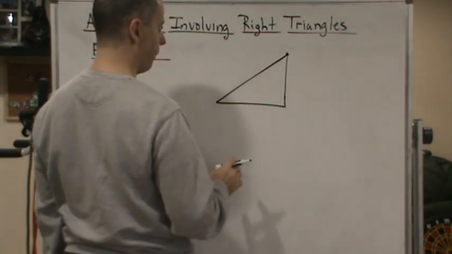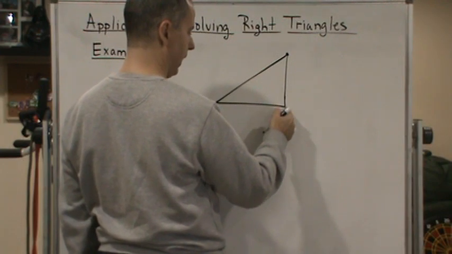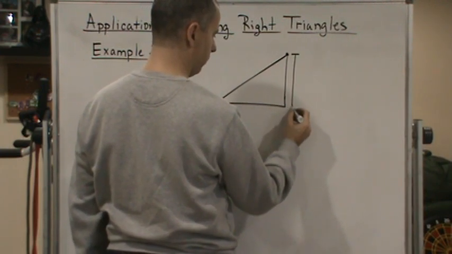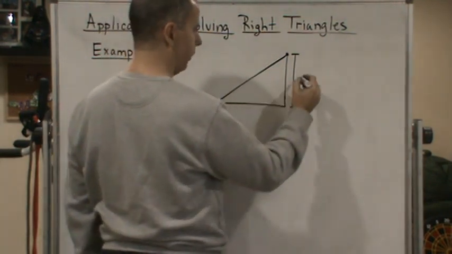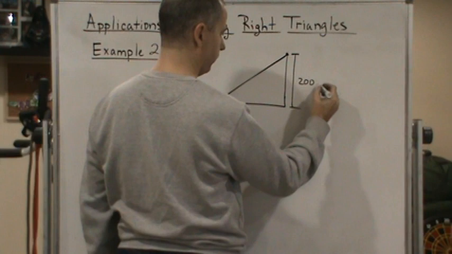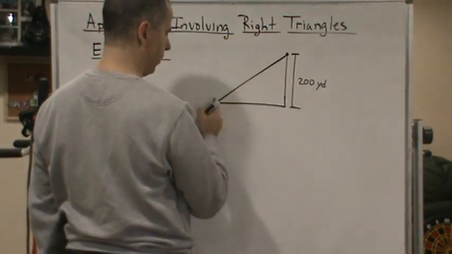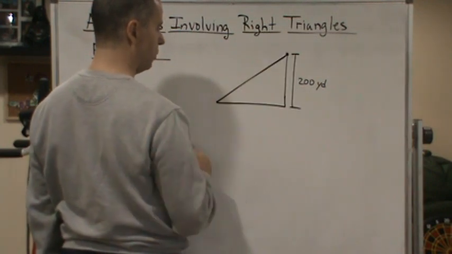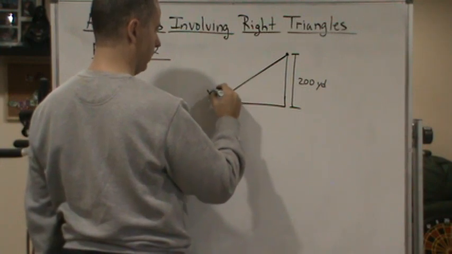So we know the distance from the lighthouse to the bike path is 200. Okay, so let this represent the bike path. So this will be 200. And then the path that goes basically from the bike path to the lighthouse, the walkway, is 400.